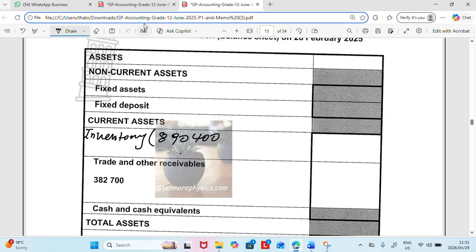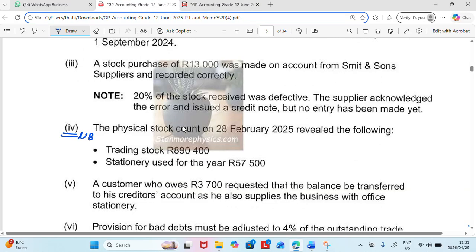890,400. So I already know as well, guys, that there will be information that we need to check as well. Please note stationery used for the year. We have stationery used. I know that mostly for grade 10 and 11, you were mostly given stationery on hand, but here we have stationery used of how much? 57,500. So we need to calculate stationery on hand.